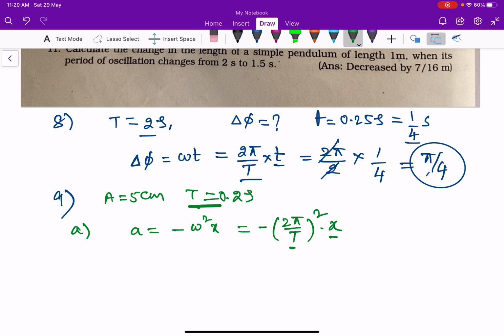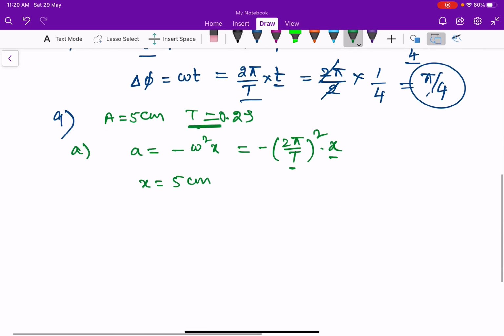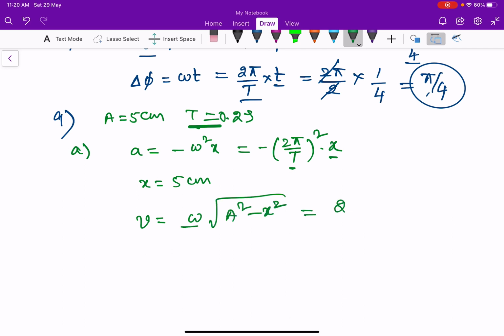In the case of A, x equal to 5 centimeters. The velocity expression is v equal to omega under root of a square minus x square, where omega is 2 pi by T. Here a equal to 5, x equal to 5. Substitute these values, you will get the answer as 0.